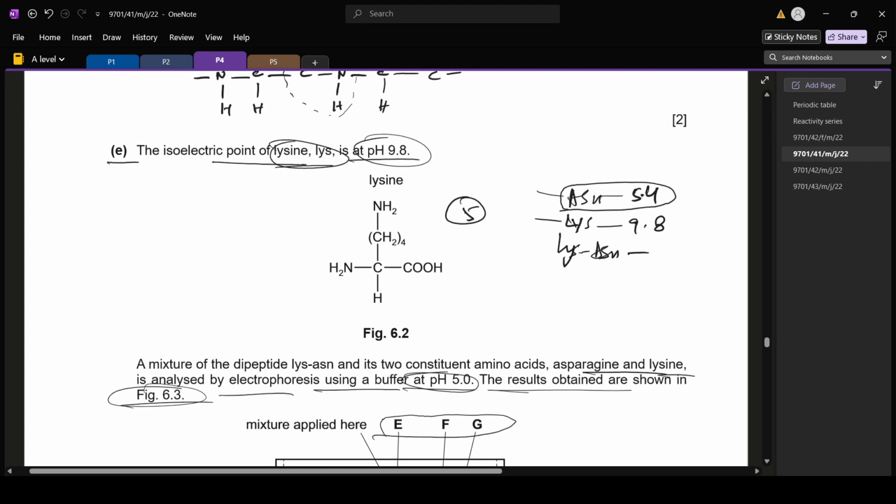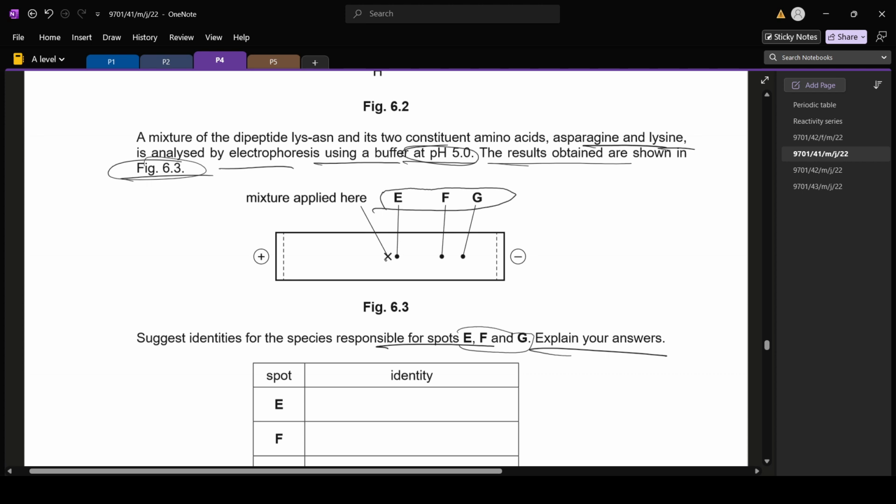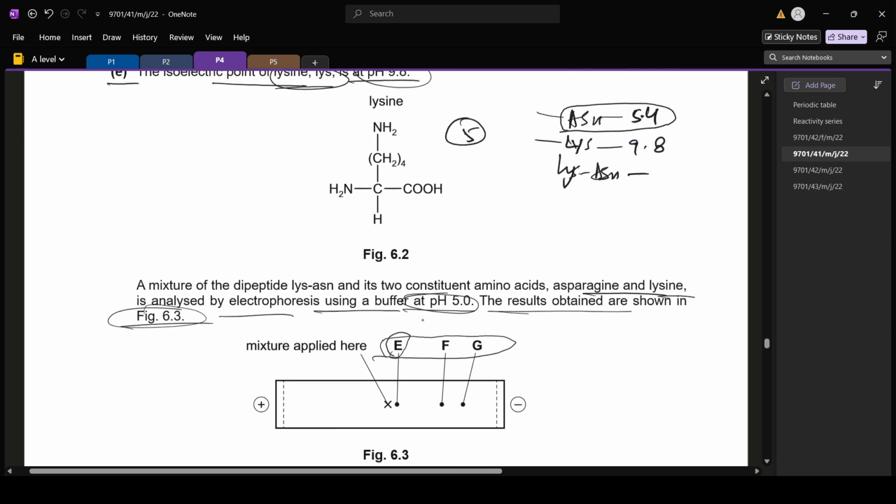It may be neutral, because the pH of aspargine, 5.4, is very close to the pH of the buffer solution. So aspargine is nearly uncharged. The mixture is applied here where there is no charge, and E is very close to this, so it means spot E is due to aspargine. Okay, I hope I could clarify.